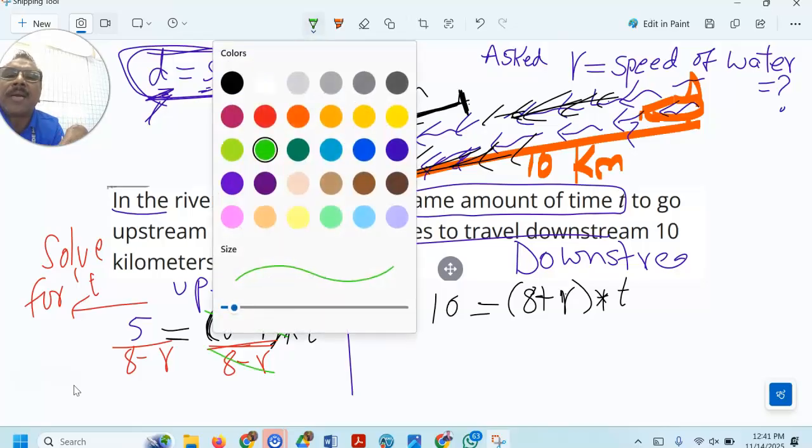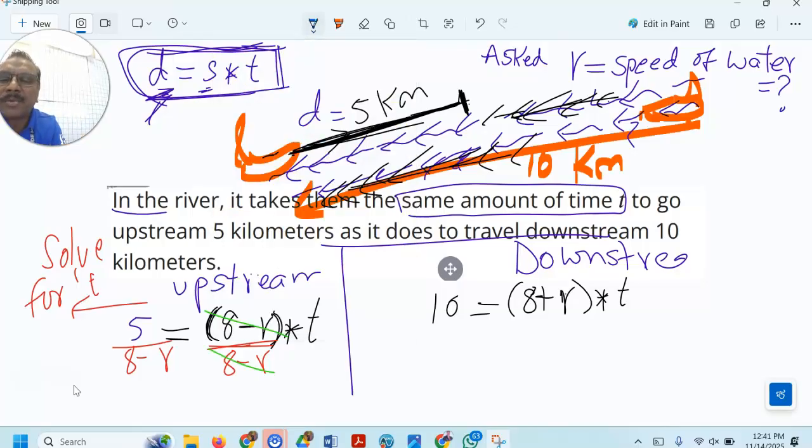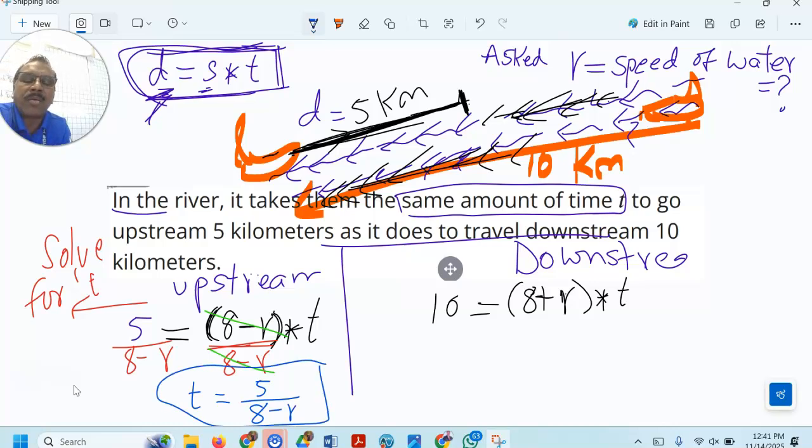So you end up getting t equals 5 divided by 8 minus r. You could also directly write it, but I wanted to show how it works.